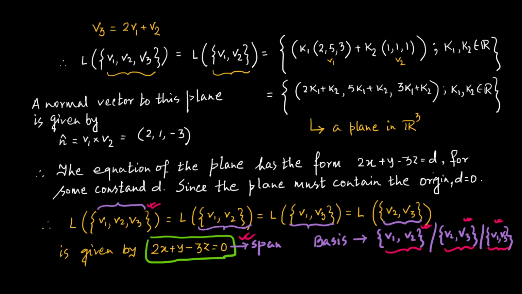Now, since such a set which is having the maximum number of linearly independent vectors and spanning this space is not unique, we are not using the word maximum, we are using the word maximal. Actually, maximal means second to none. If, for example, in an exam, two students are getting the highest marks, say 95, I will say no one has scored maximum marks, but those two students have scored maximal marks.